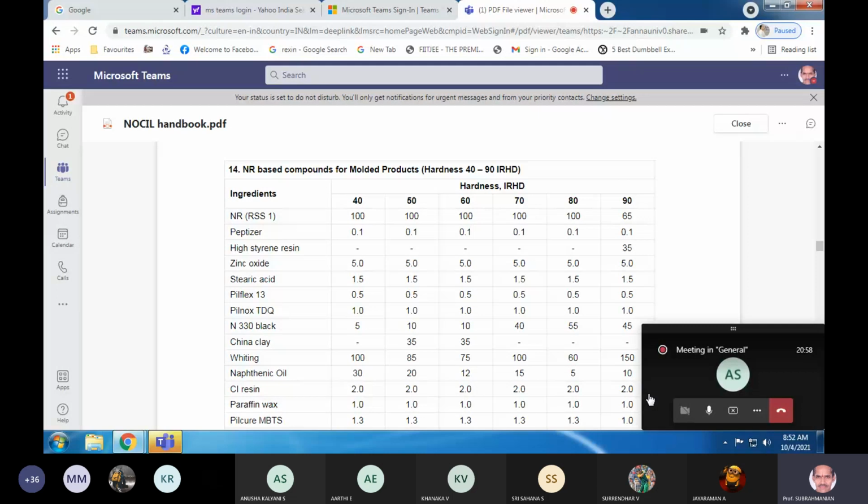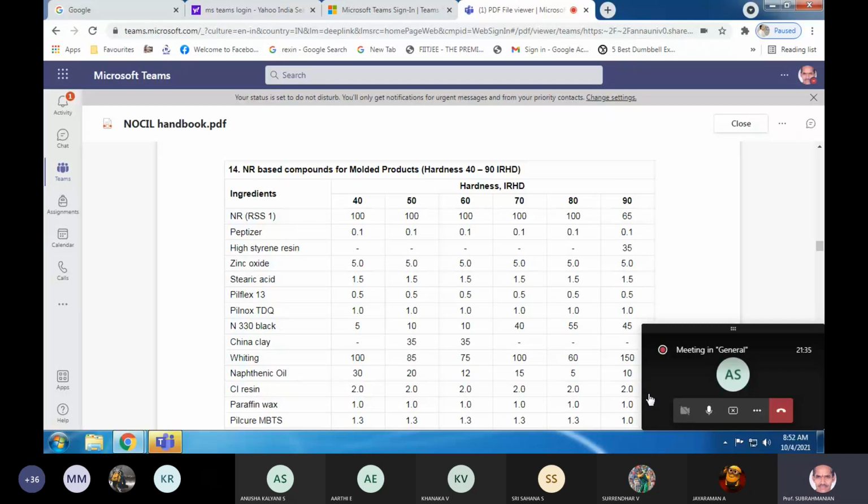In whiting, it is the precipitated calcium carbonate. That makes the particle size finer, and as a result, for a finely distributed whiting, the negative impact on the rubber properties is not all that much. One can add a little more weight. So the quantity added here is 60 to 100.